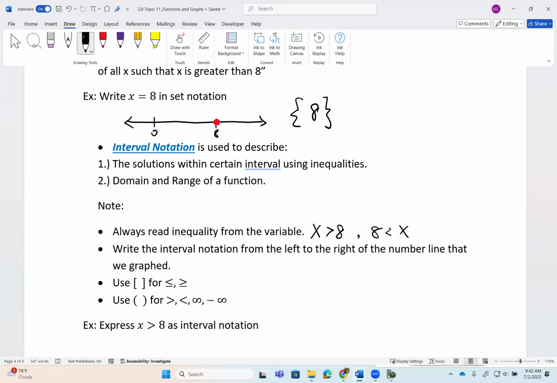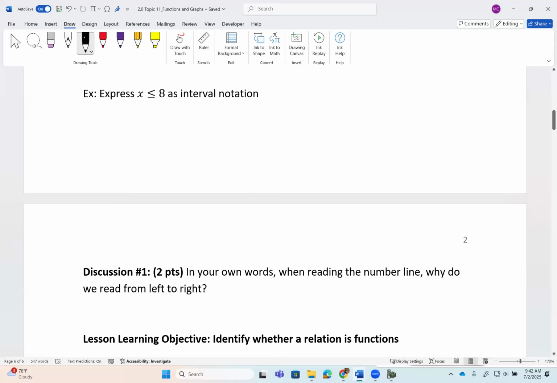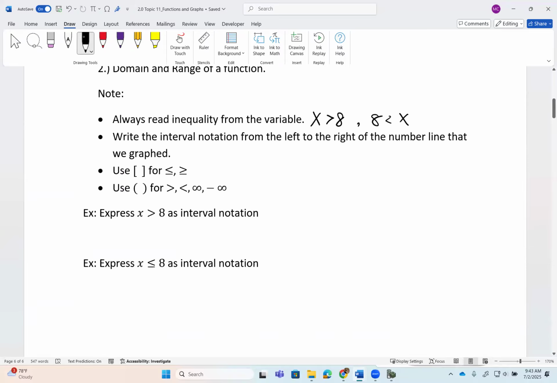Why do we always read the number line from left to right? Because we are reading from small numbers to large numbers. Whatever we draw on the number line, we always read from the small number on the left all the way to the big number on the right.